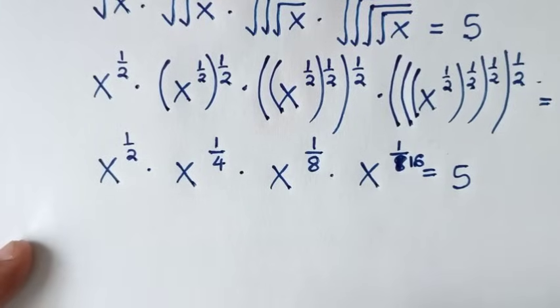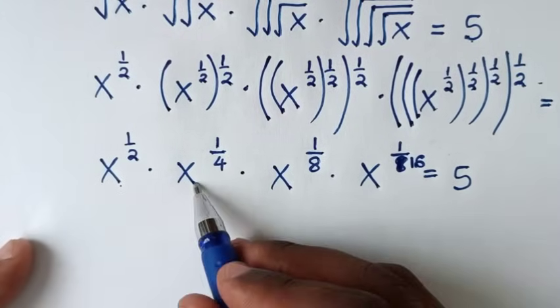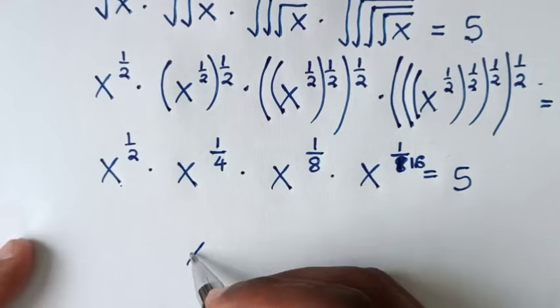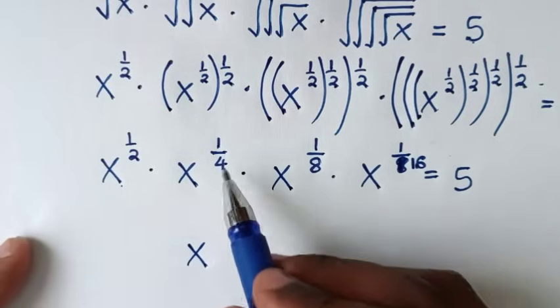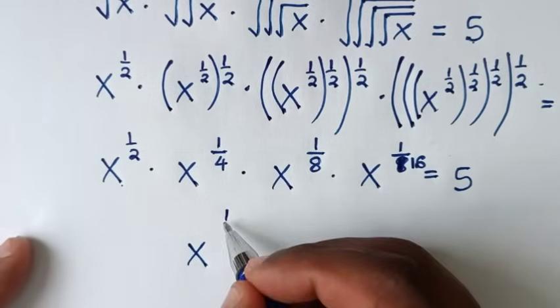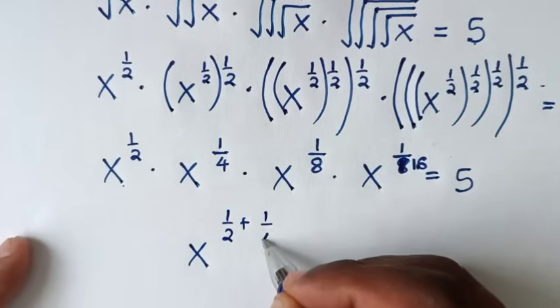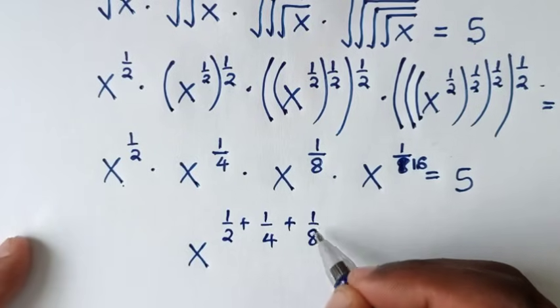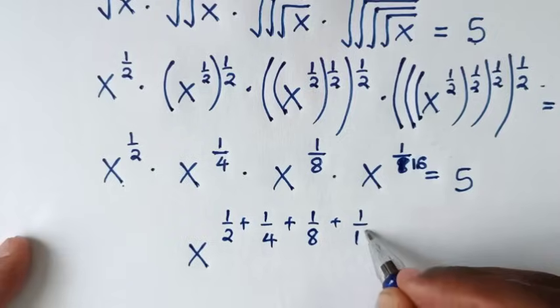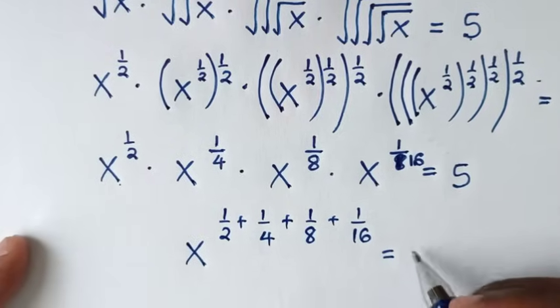Then in the next step here, same multiplication of exponent with same base of x, so it will be x, then we add these powers, so it will be 1 over 2 plus 1 over 4 plus 1 over 8 plus 1 over 16 is equal to this 5.